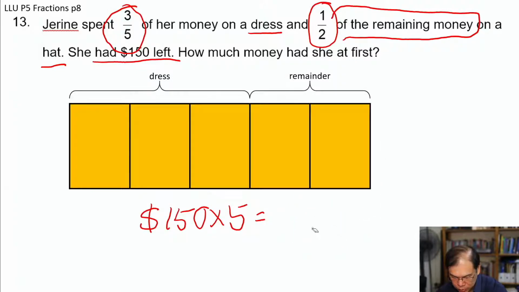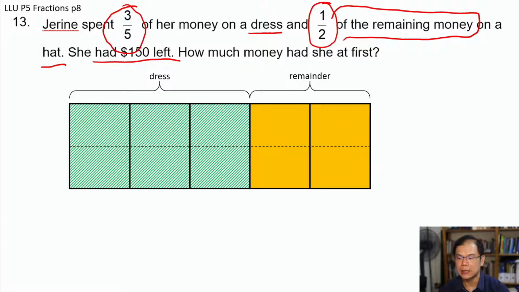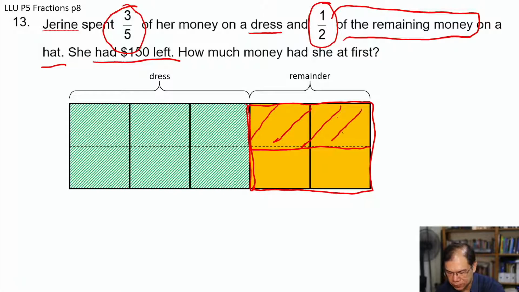You see me draw such a big box. You may have thought, cut like this. Half of the remainder money, half of the remaining. So if this is the remaining, if I cut it like this, this is also half of the remaining money. All right.